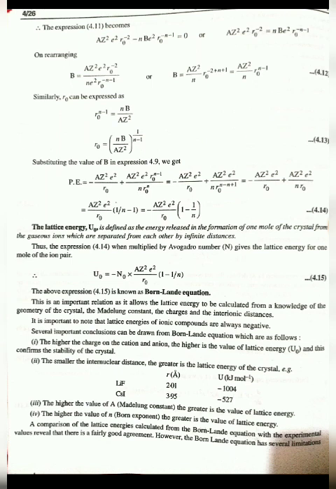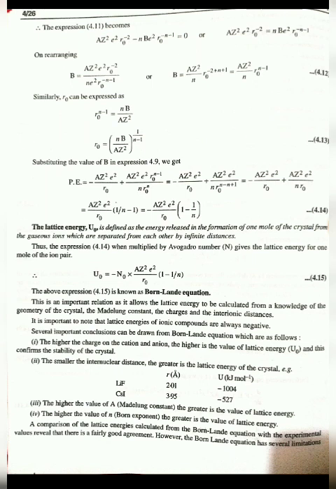On rearranging, B = A Z² e² R0^-2 / (n e² R0^(-n-1)), or B = A Z²/n × R0^(-2+n+1) = A Z²/n × R0^(n-1). Similarly, R0 can be expressed as R0^(n-1) = nB/(A Z²), R0 = (nB/(A Z²))^(1/(n-1)).